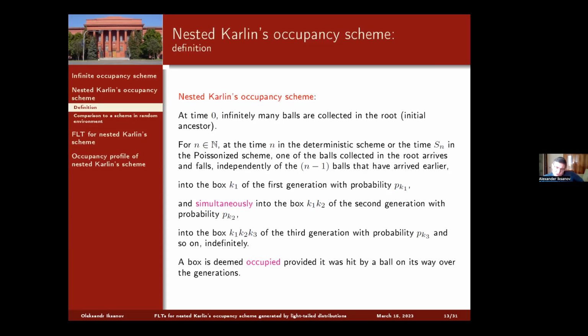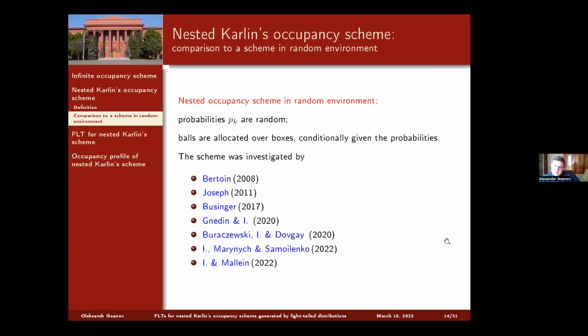As far as I know, nested Karlin's occupancy schemes haven't been investigated prior to our work. On the other hand, there is a closely related model which has received more attention.